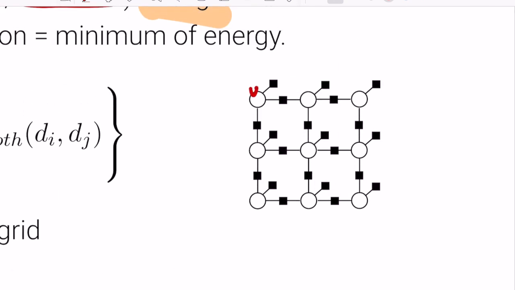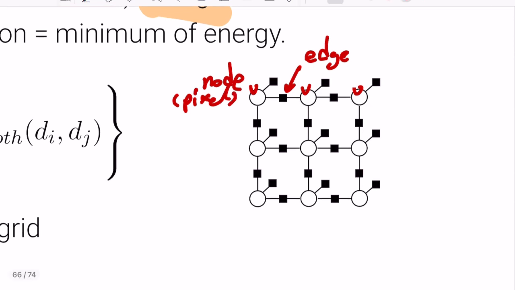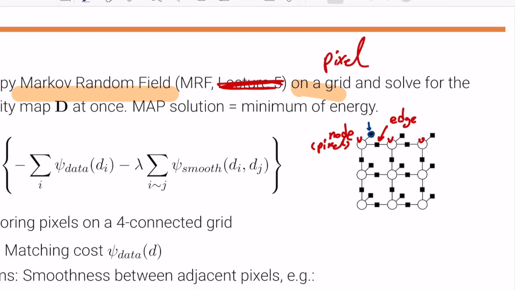So this one is going to be a node, and this one is going to be an edge, which defines the connectivity between the nodes. In our case, a node is a pixel. Then this one is going to be our target.